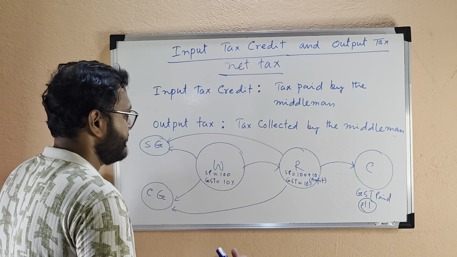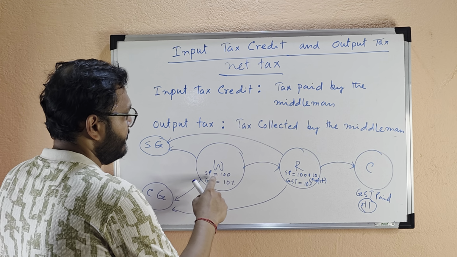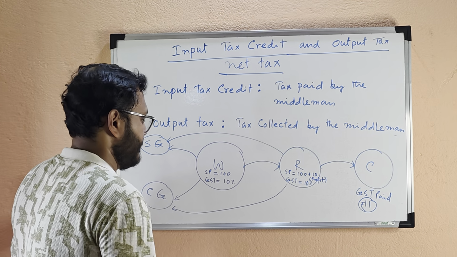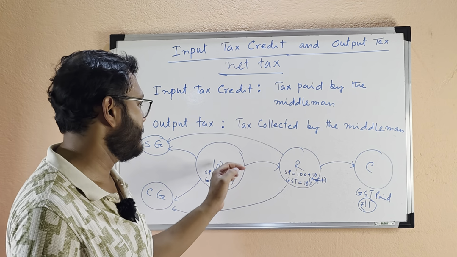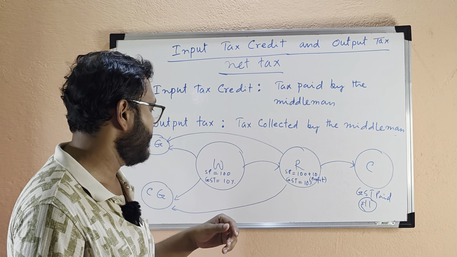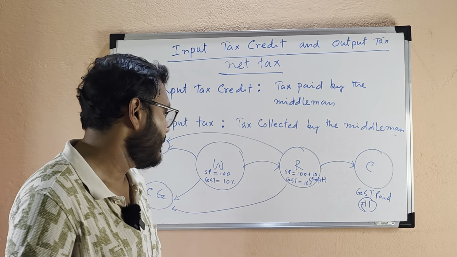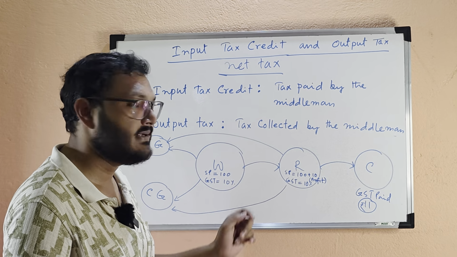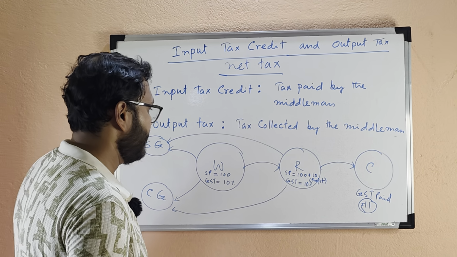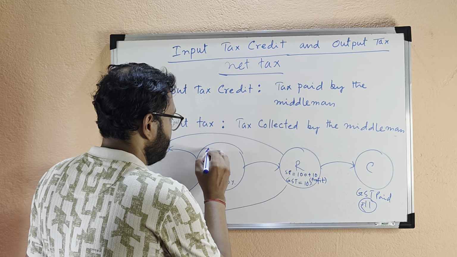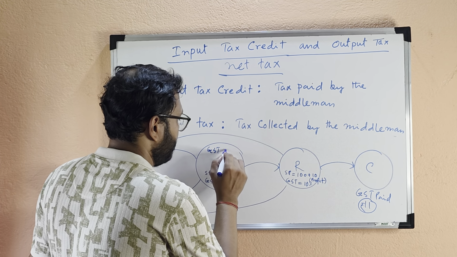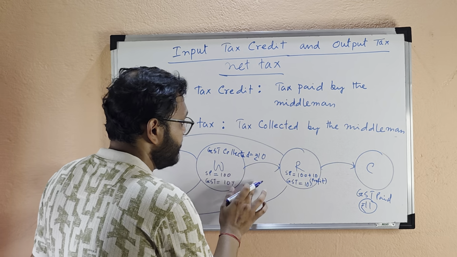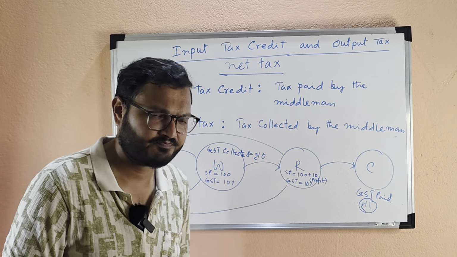Let us consider the selling price of a thing, say this pen, for the wholesaler is 100 rupees, and GST is 10%. The retailer came to purchase this pen. The wholesaler told him, my selling price is 100 rupees and you have to pay GST 10%. So how much did the retailer pay as GST? GST collected here is 10 rupees, because GST is always calculated on the selling price.